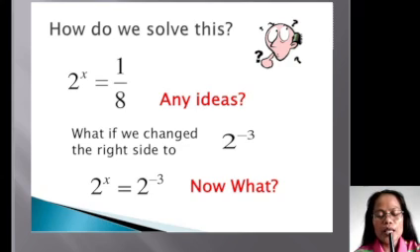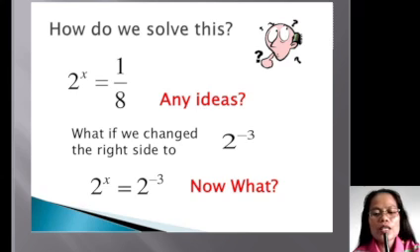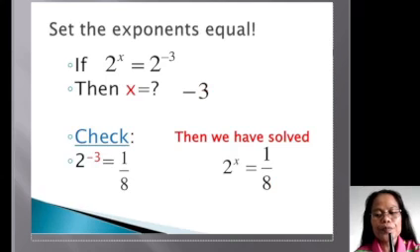Now, we will equate. The left side of the equation is 2 to the power of x, and the right side of the equation is 2 to the power of -3, because 1/8 is equal to 2 to the power of -3. If we change 1/8 to base 2, now what? You set the exponents equal.